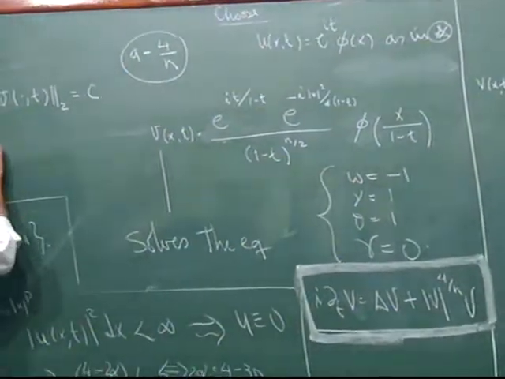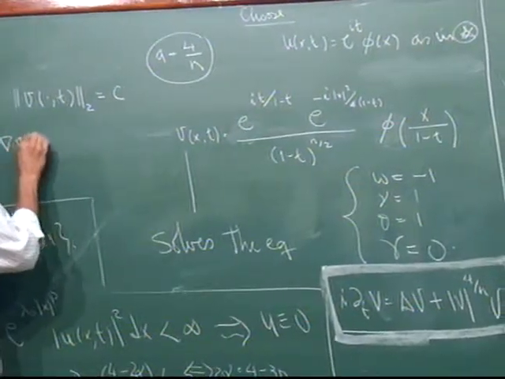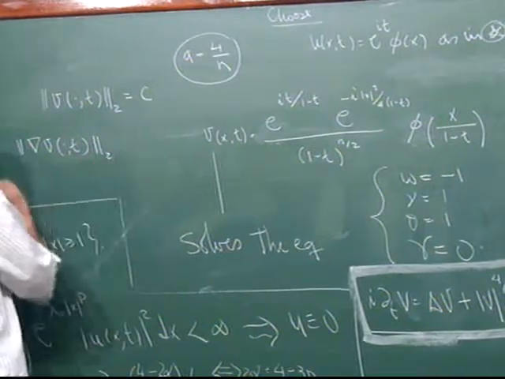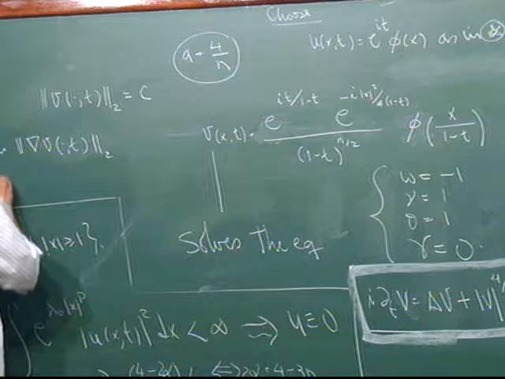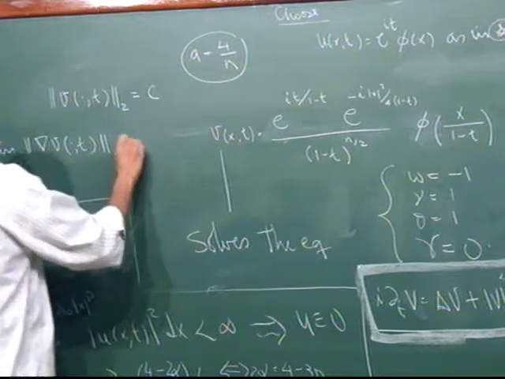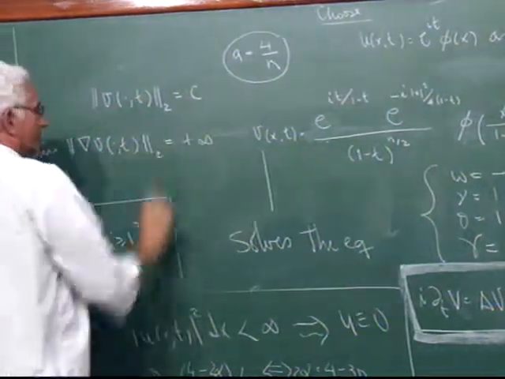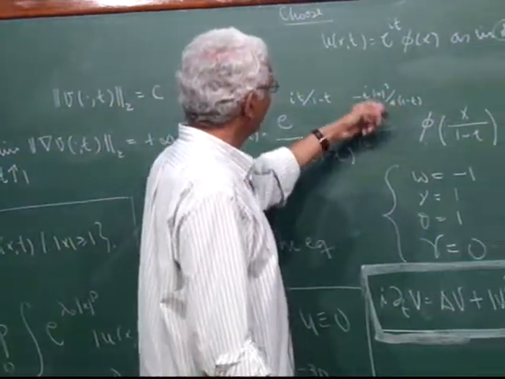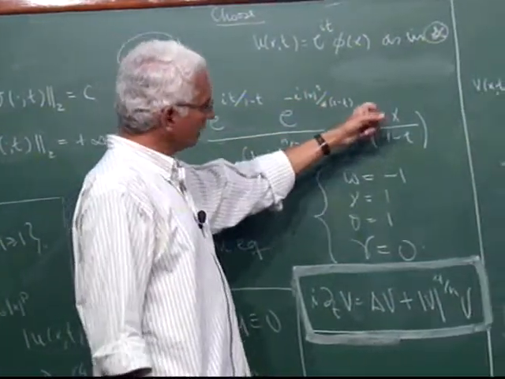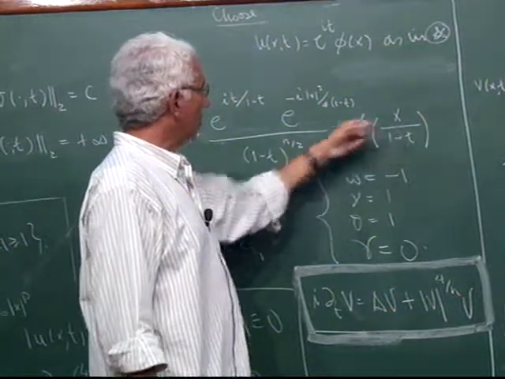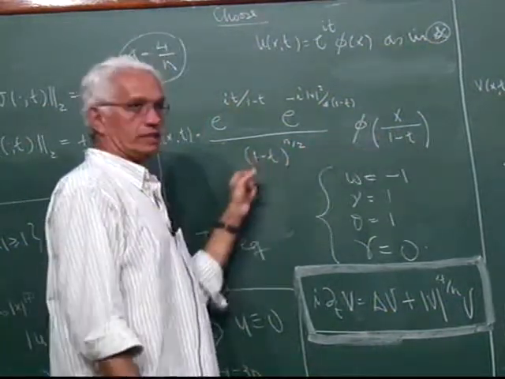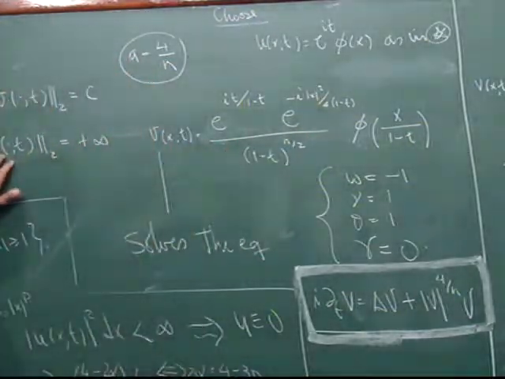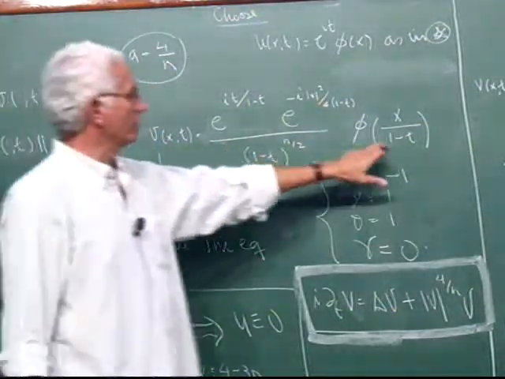However, if you compute the derivatives of this, when t tends to 1, this goes to infinity. Why? Because if you take the derivative with respect to x, you have some derivative here, but when the derivative hits here, you are going to have more powers of 1 over t. And when you do the change of variables, you have too many powers of 1 over t.